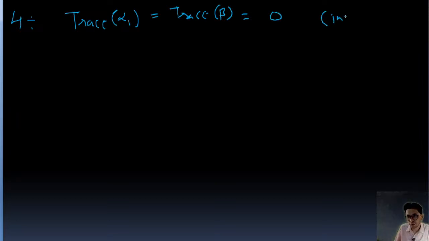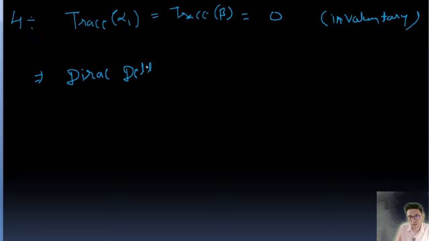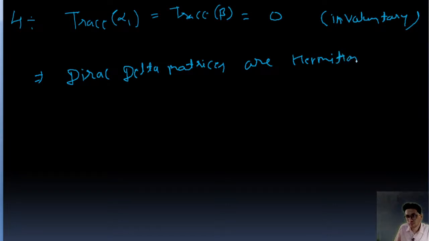This means involutory. So this implies the Dirac matrices alpha_i and beta are Hermitian and traceless.